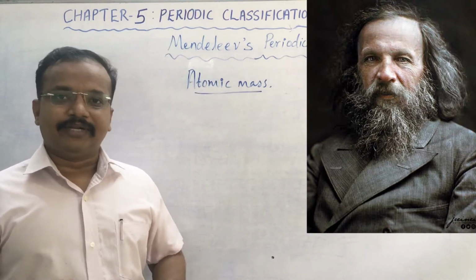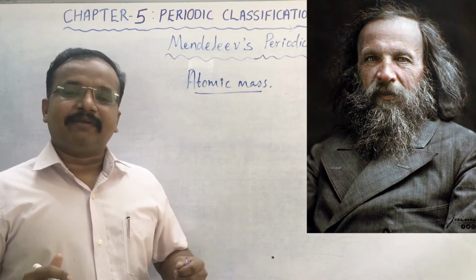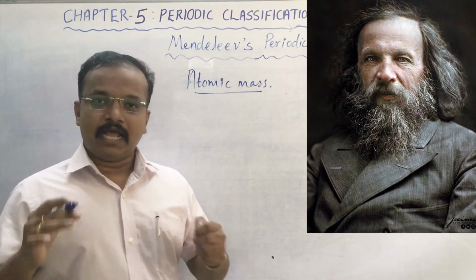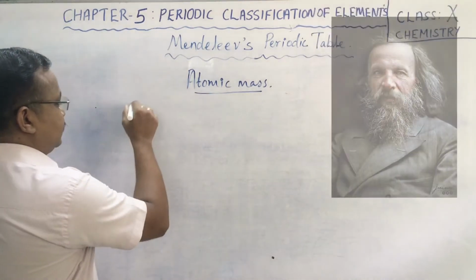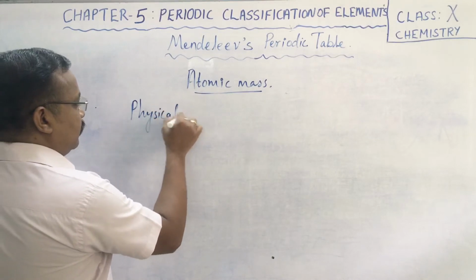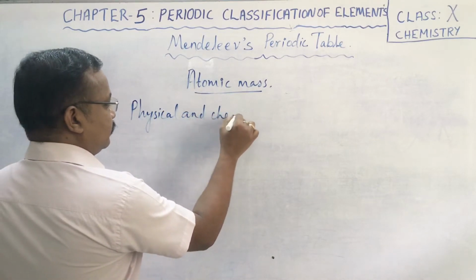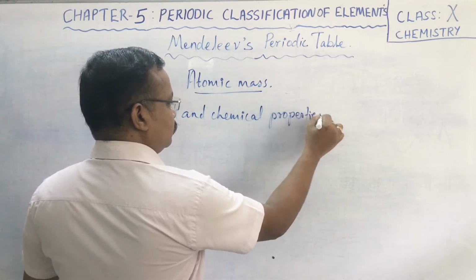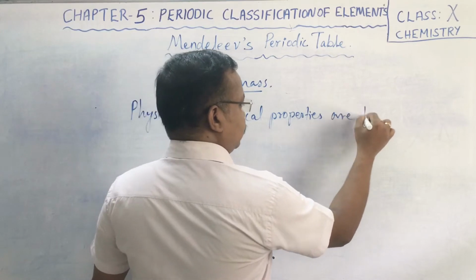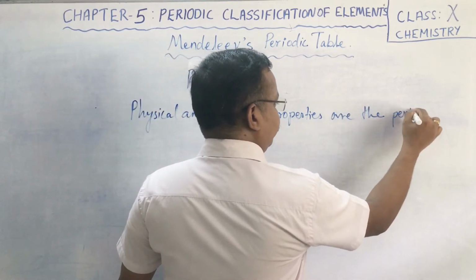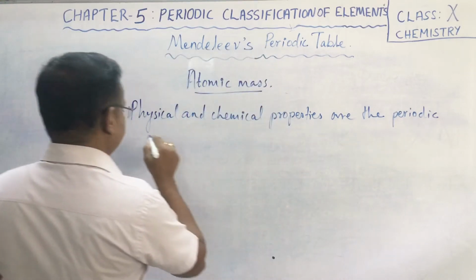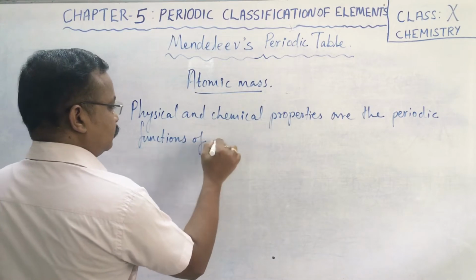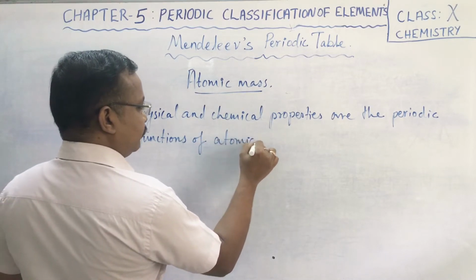According to Mendeleev's periodic table, physical and chemical properties of elements are periodic functions of their atomic masses. Physical and chemical properties are the periodic functions of atomic masses.